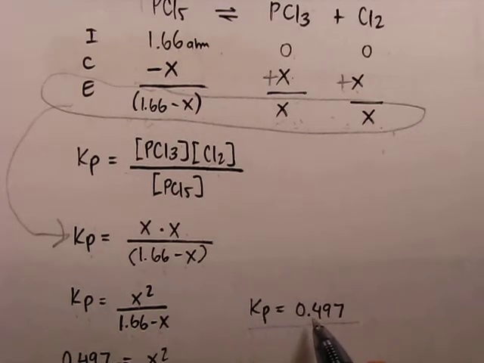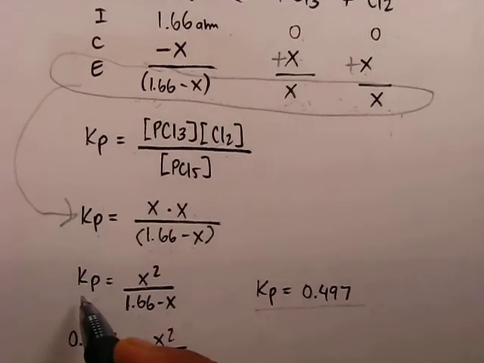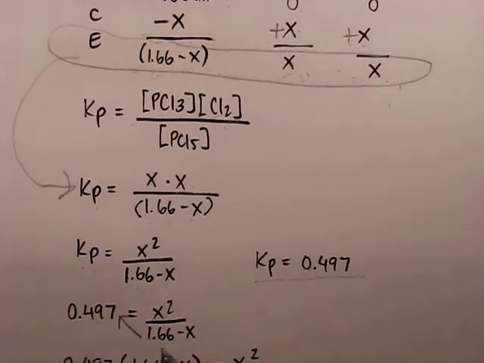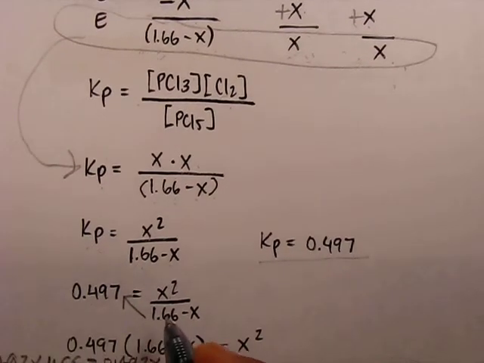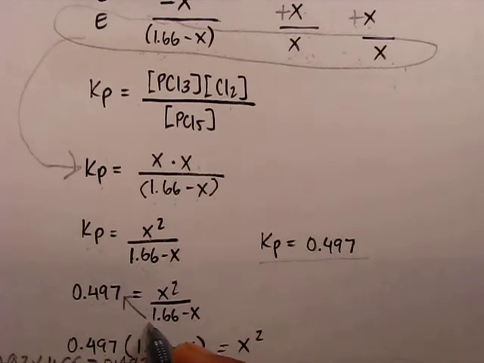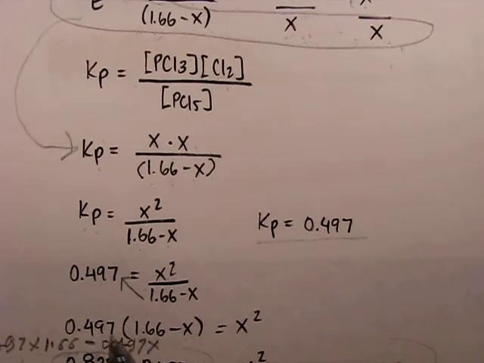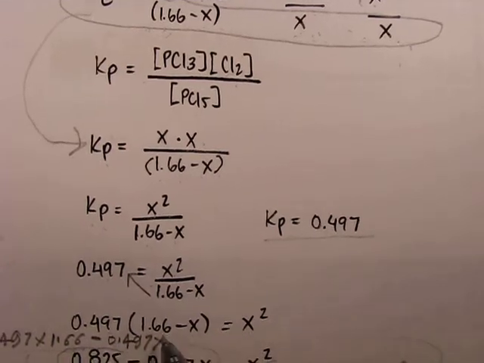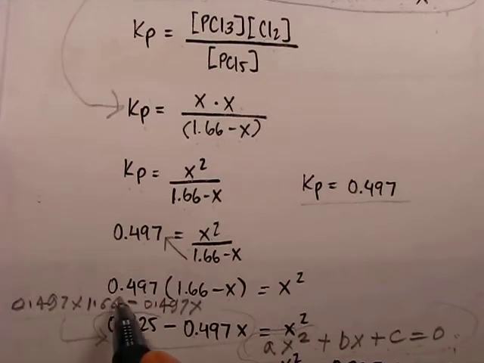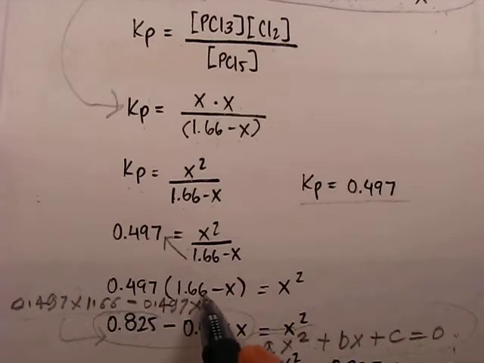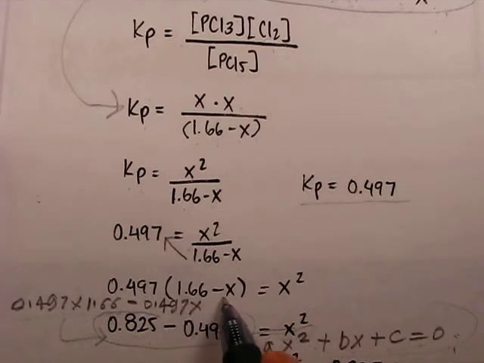The Kp value is already given, so I include it here. Then I move the denominator to the left side, so 0.497 times (1.66 minus x) equals x². Opening this, we multiply 0.497 by 1.66 and minus 0.497 multiplied by x.